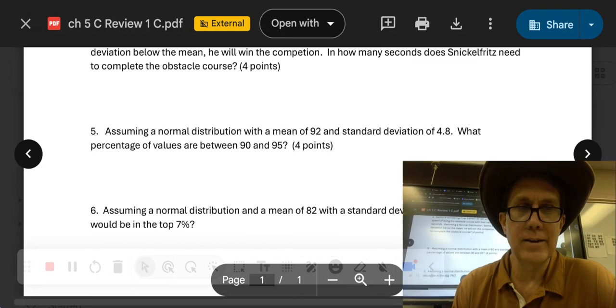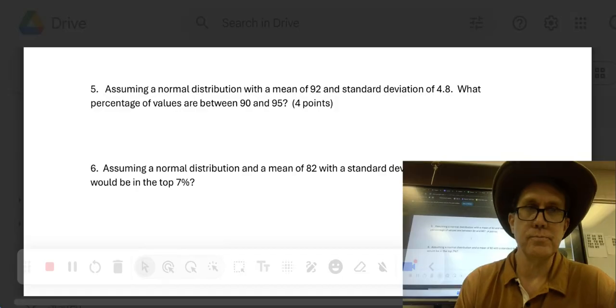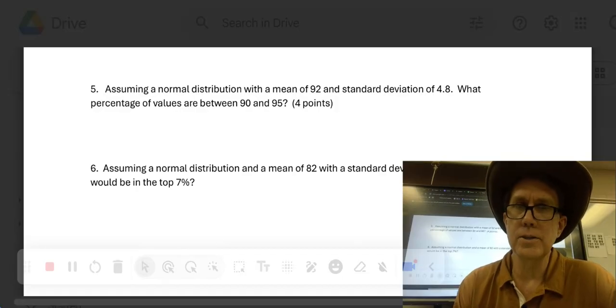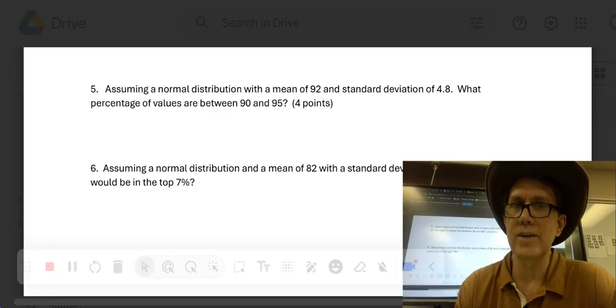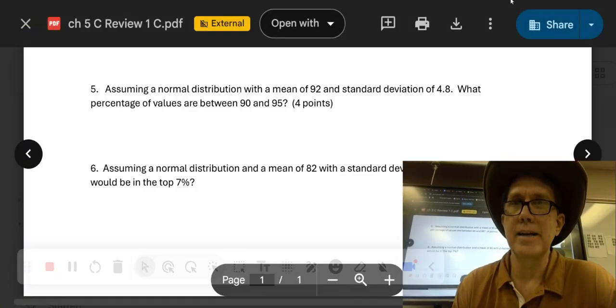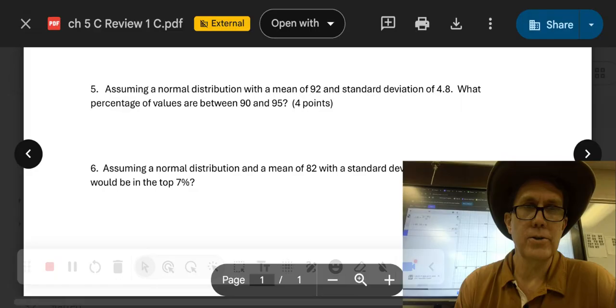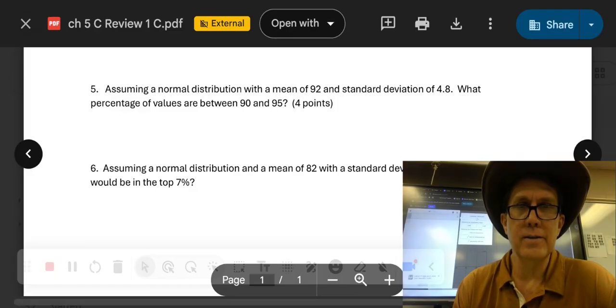Okay, let's look at the next one, number 5. Assuming a normal distribution with mean of 92, standard deviation of 4.8, what percentage of values are between 90 and 95? Okay, we're going to do this one the long way, but I'm going to put it on inference again, probability distribution.